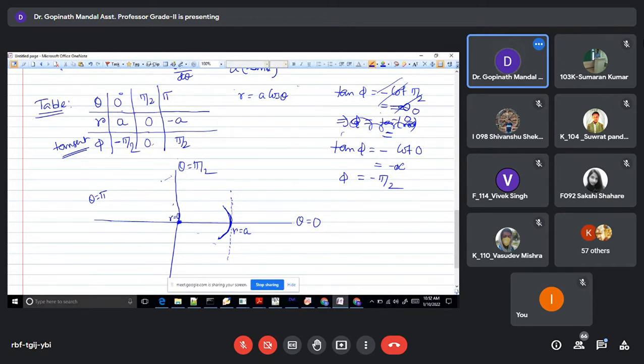Now here there is a confusion. For theta equal to pi by 2, the angle of tangent is equal to 0.